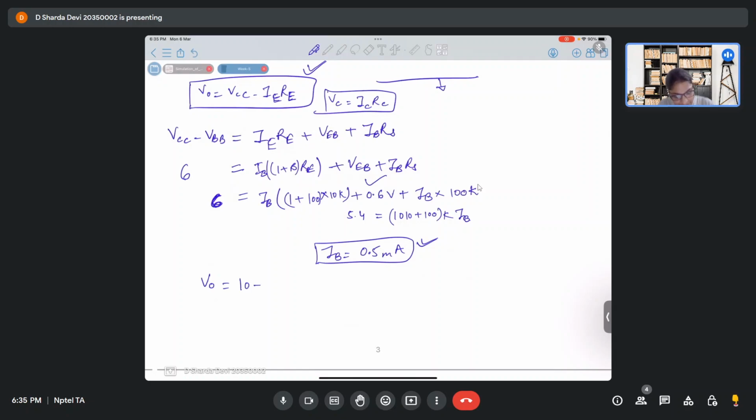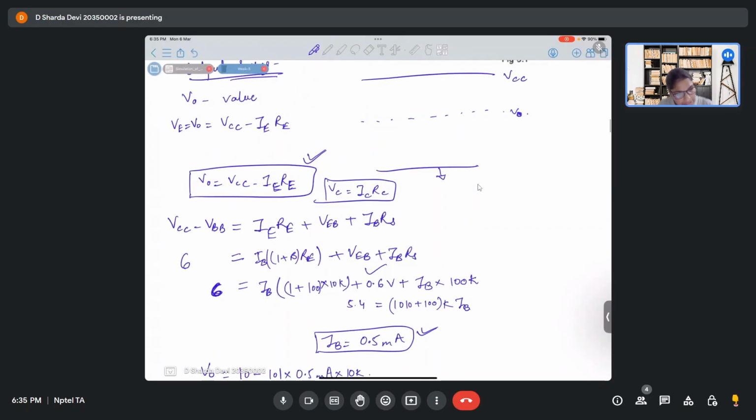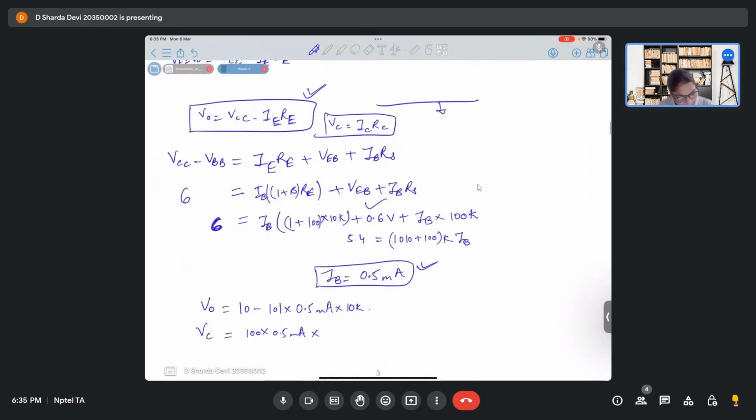It's 10 minus, let's say, 101 into 0.5 into RE. How much was RE? 10K. Also VC is IC into RC. RC is 2 kilo ohms. So what is the value of V0 that we are getting, and what is the value of VC?